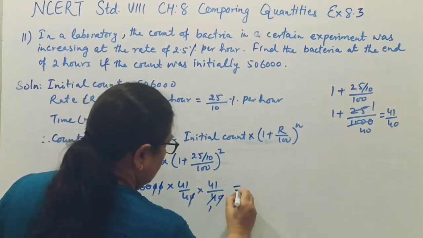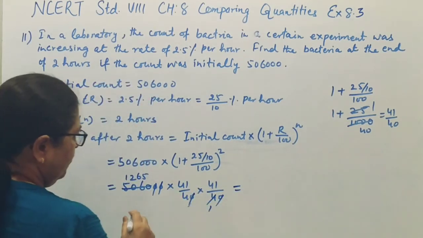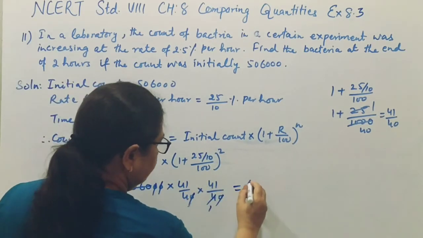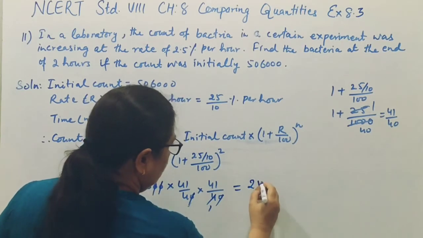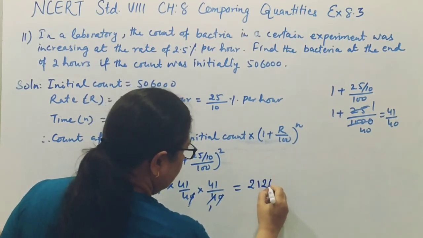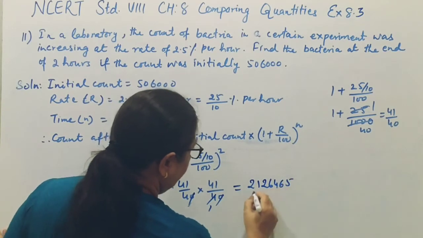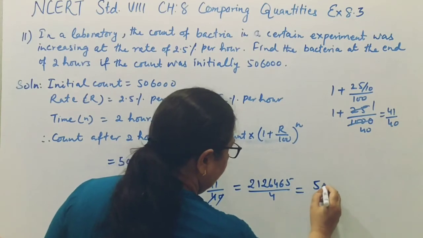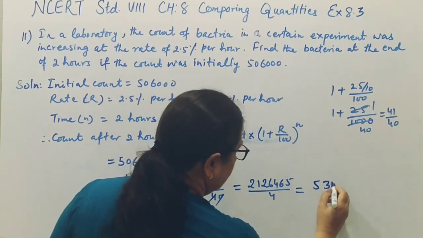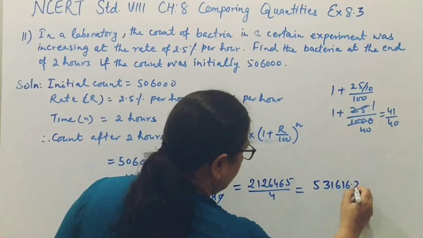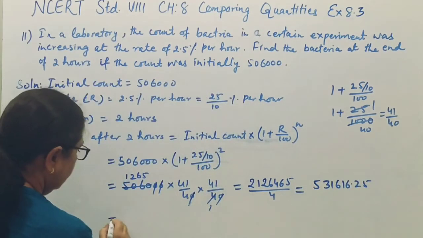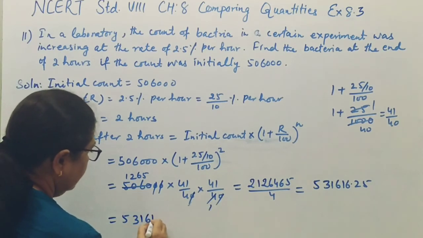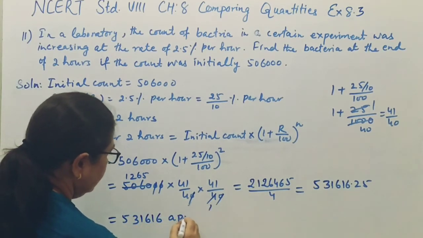So after cancellation we get 21,26,465 upon 4. So after dividing we get 5,31,616.25. So it is 5,31,616 approximately.